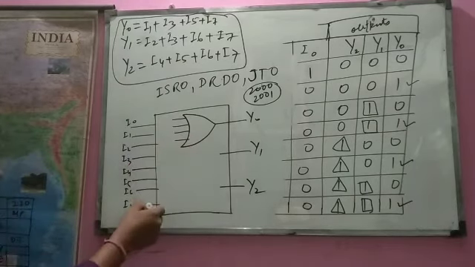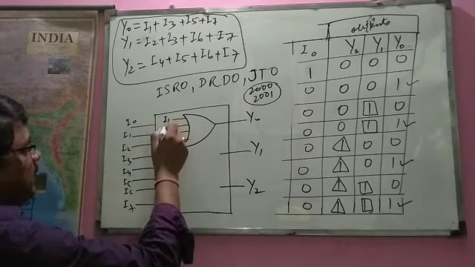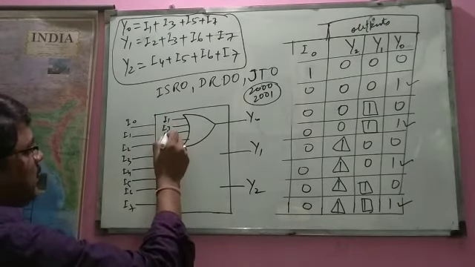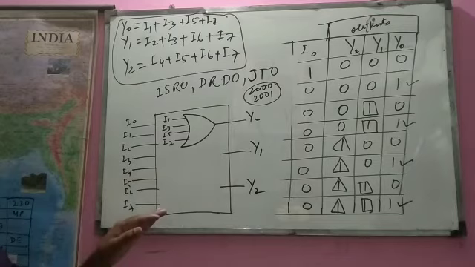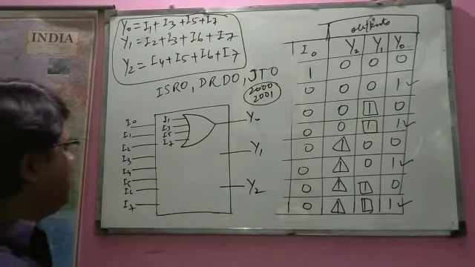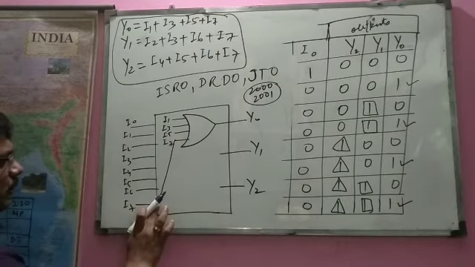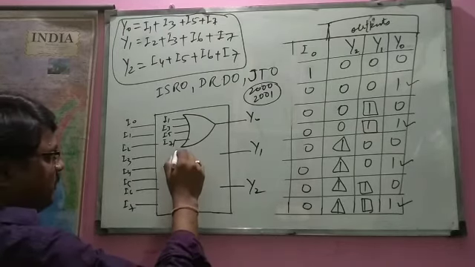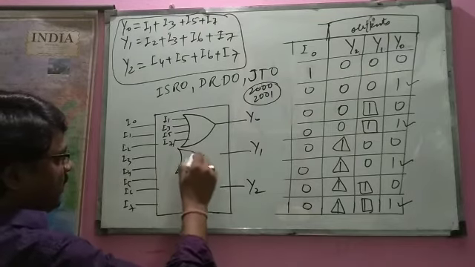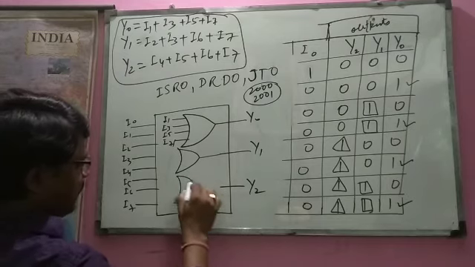I am just writing I1, I3, I5 and I7, because if I connect it from here to here, you will not understand. I7 means it is connected through this. So you can connect it by yourself. Okay, so this is another OR gate, and this is another OR gate.